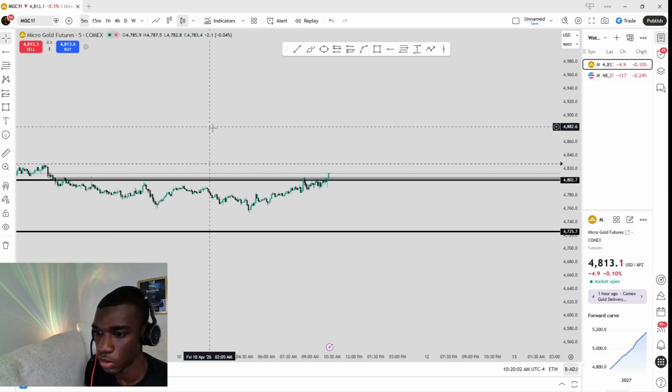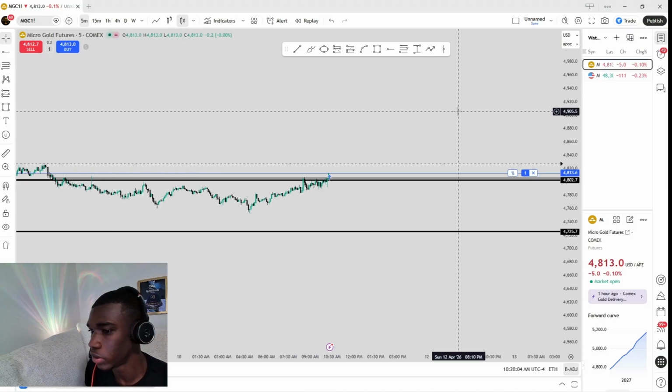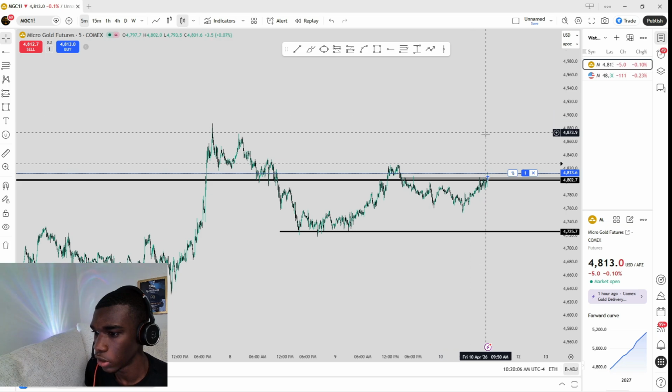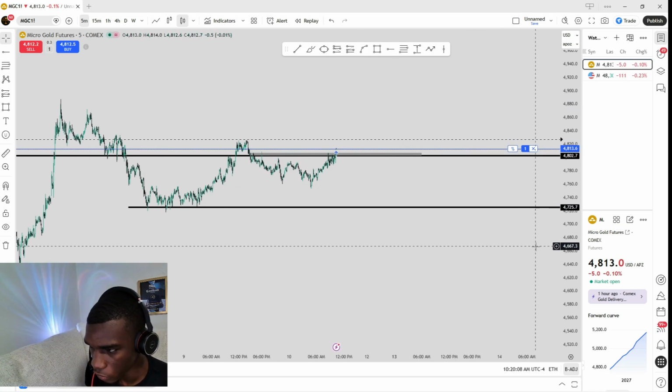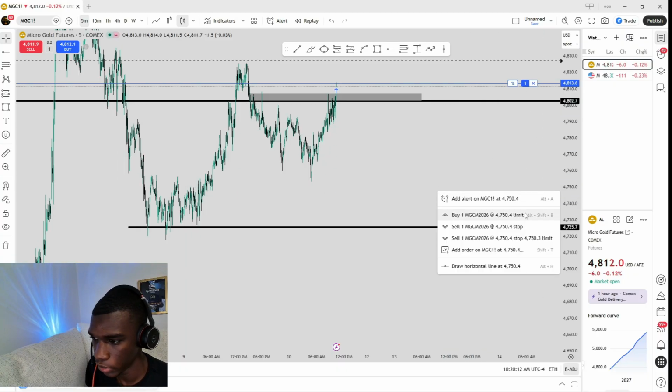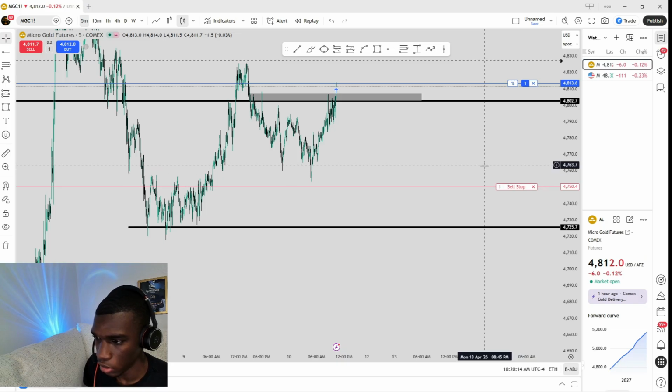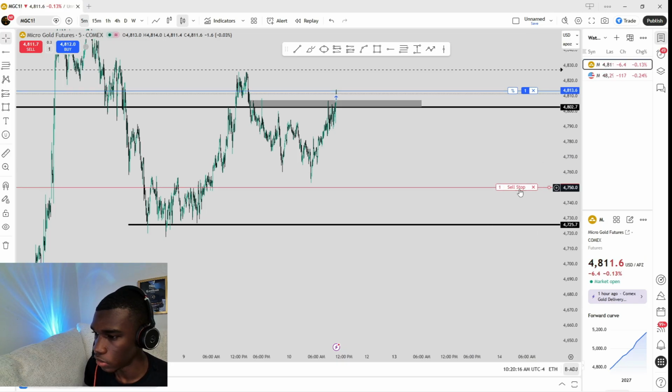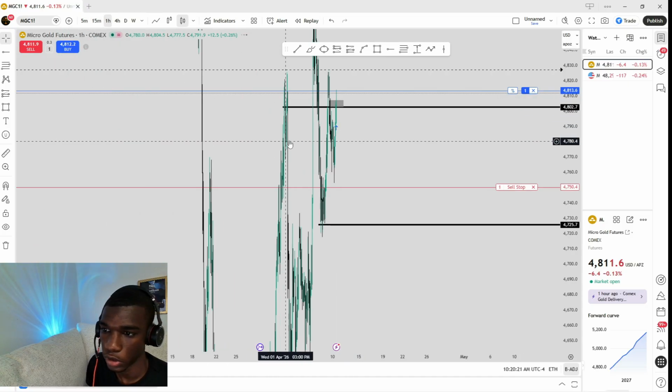So that closed. So enter right there. Good. Naturally the stop loss is going to be here below that line. So yeah, that is that for that.